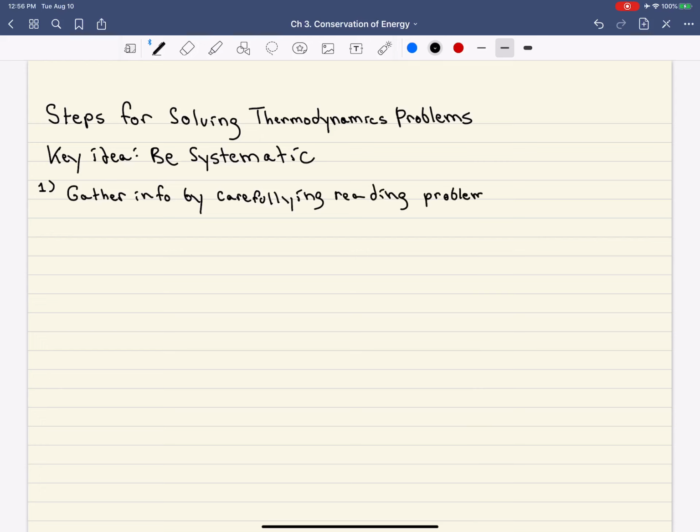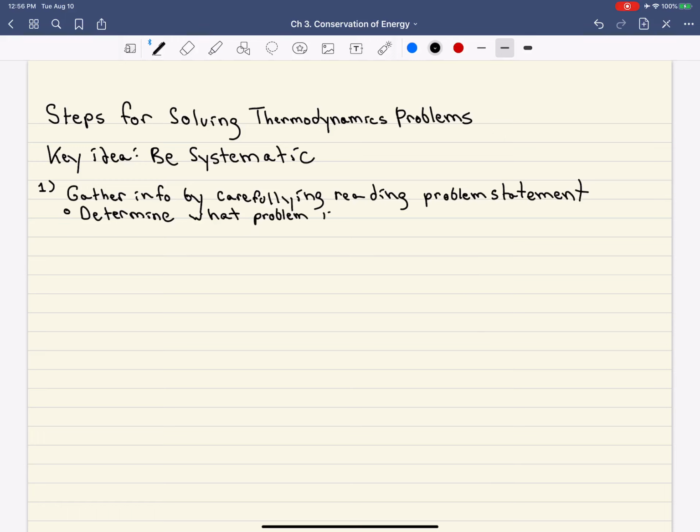More importantly, you need to figure out what exactly the problem is asking you to solve for. Whether it's asking you to solve for pressure, temperature, or some sort of change in internal energy, whatever it's asking you to solve for, you need to identify that first.